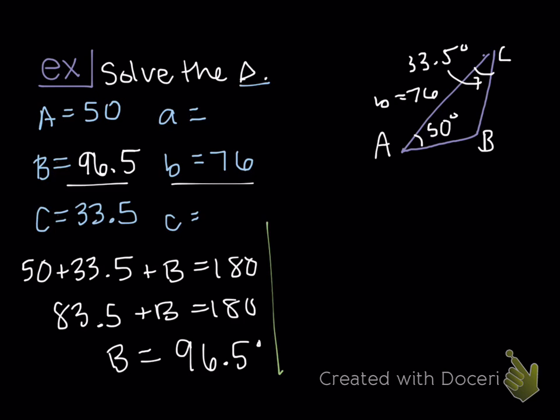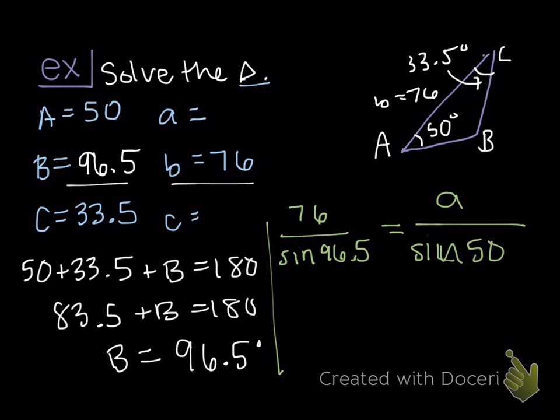So step 2 is I take my matching side, so I have 76 over sine of 96.5. And here you can kind of decide which of the angles you want to find first. So I'm going to say let's find side A. So if I find side A, it's over sine of 50 degrees.